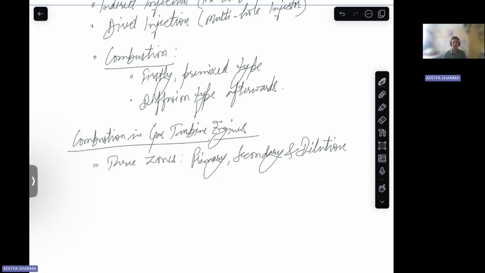First the fuel will be injected and then it will be atomized. After that you get a flame out of combustion.